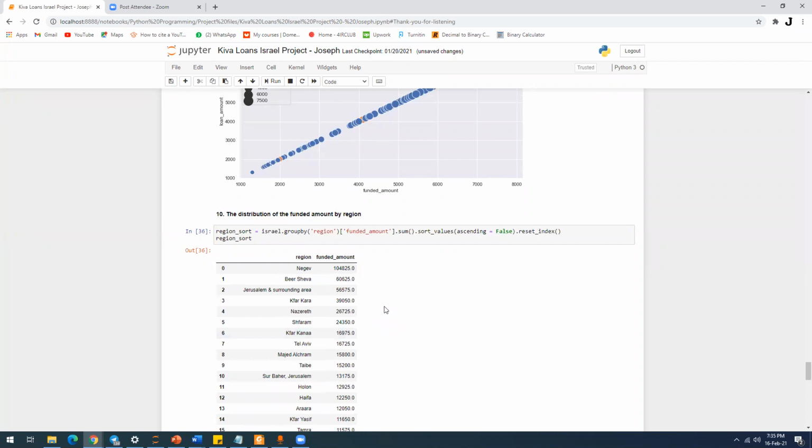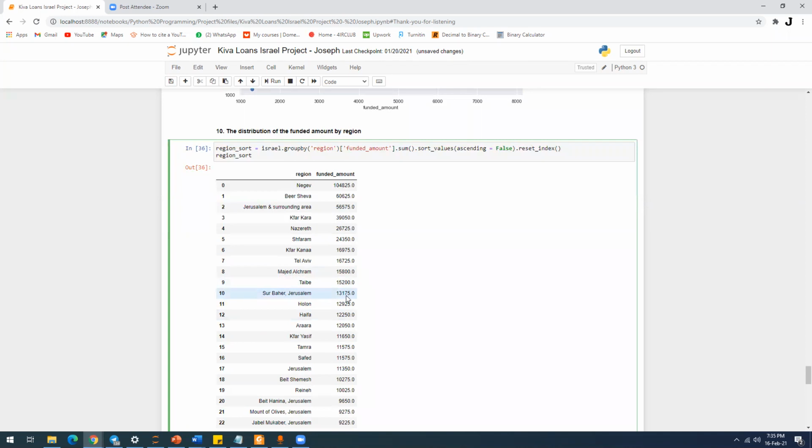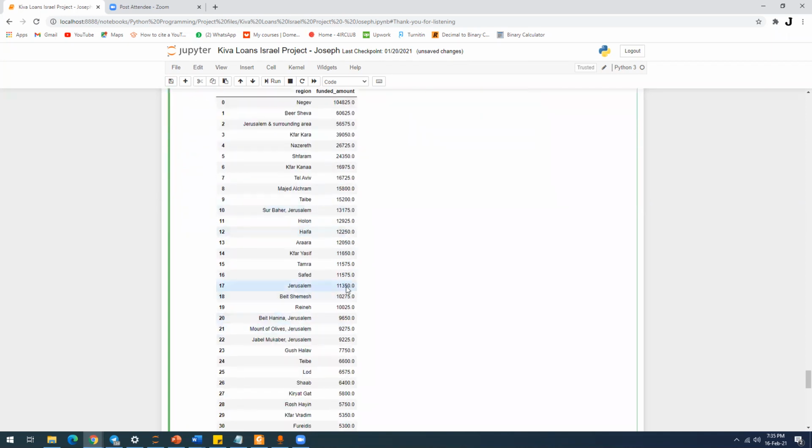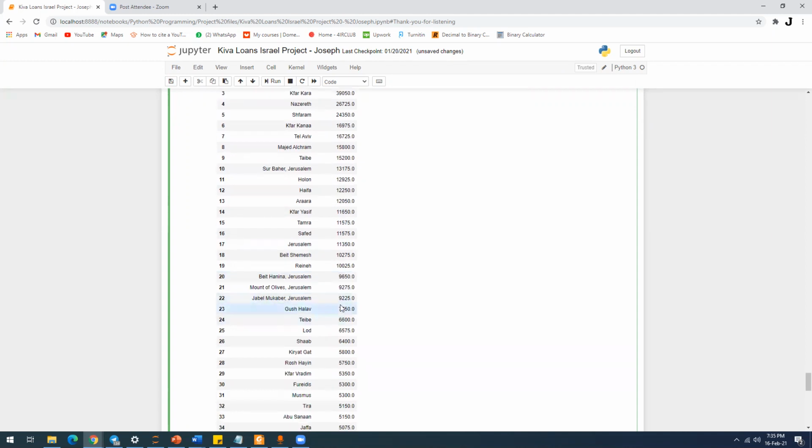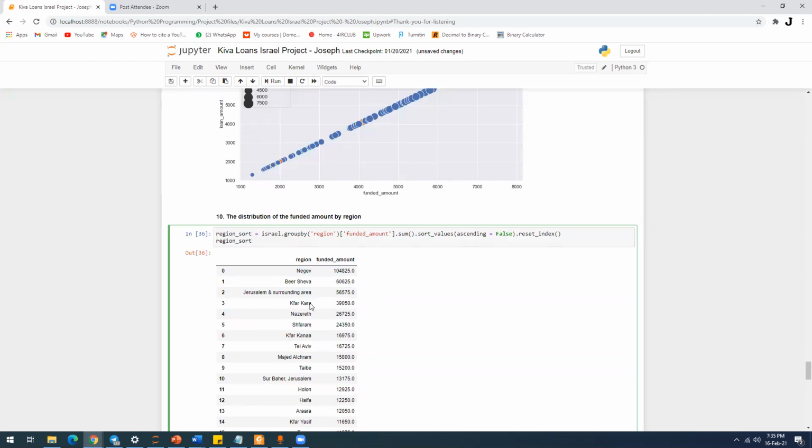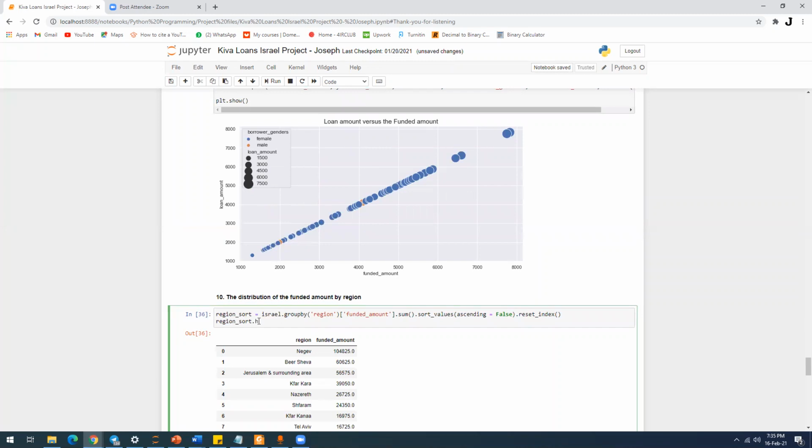I merged the entire Jerusalem data together so that I do not have biased data, in the sense that Jerusalem will be scattered. You see Jerusalem and surrounding area, Jerusalem again, Jerusalem, but this is Beit Hanina, Mount of Olives, Jabal Mukabir, Jerusalem.